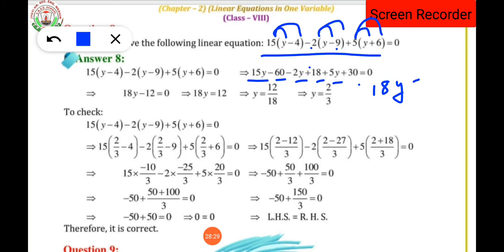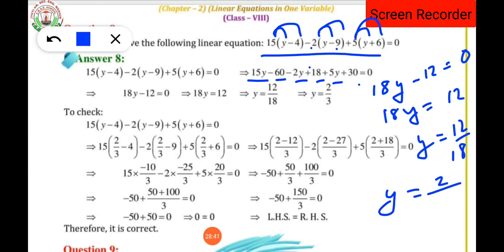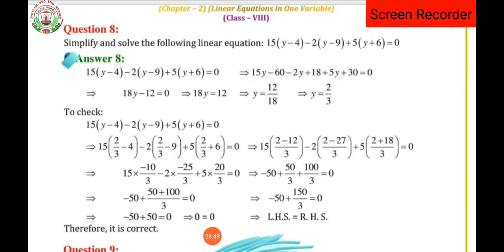It will be minus 12 is equals to 0. So 18y is equals to 12. So y is equals to 12 upon 18. So getting cancelled with the table of 6, we will get the answer as 2 by 3, the value of y. Clear everyone? Now substituting this value of y in the question and solving it, we will get the required answer. So we have to solve it by taking the LCM.